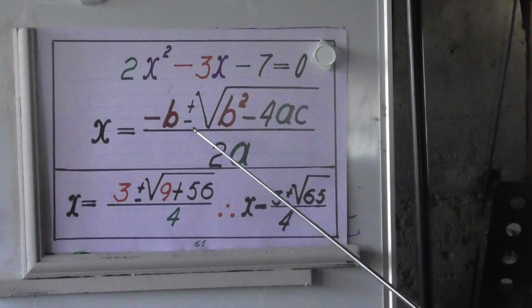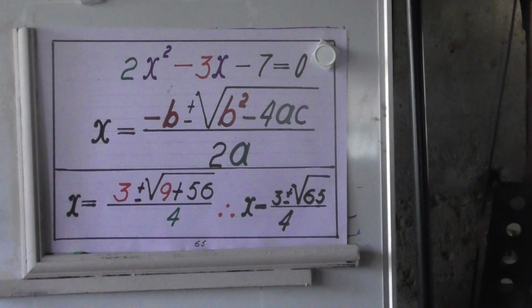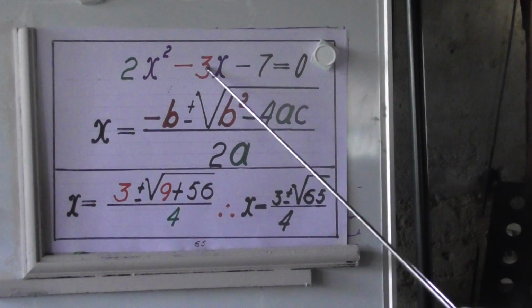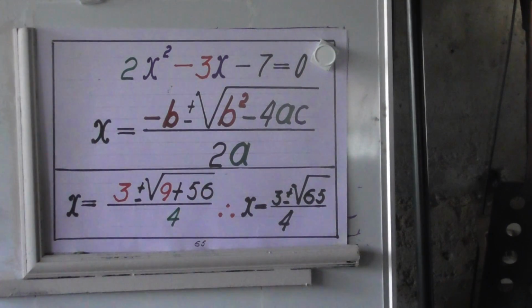So now, instead of this, we're going to fill in the numbers. Because b is -3, negative b is 3.